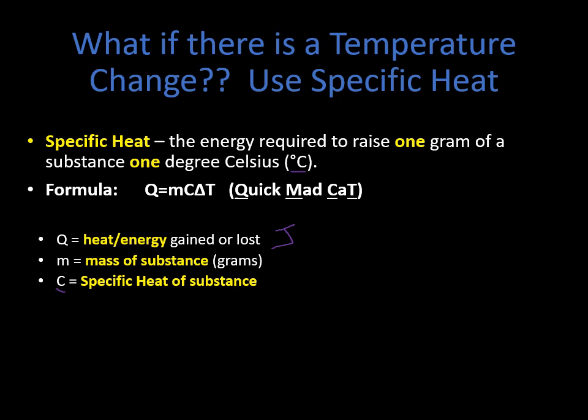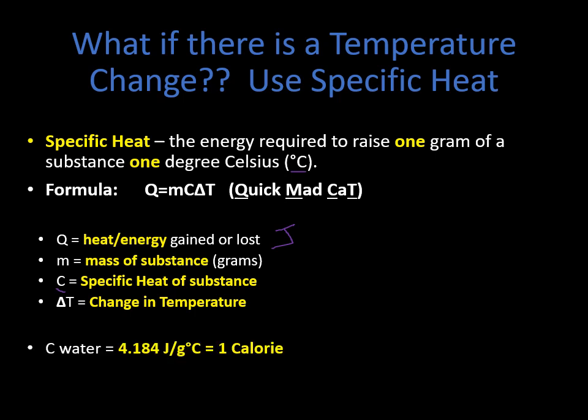Just be careful to keep them separate. And finally, delta T is the change in temperature. You don't have to worry about specific heat being positive or negative overall. It's about a transfer of heat from the system or the surroundings. So as long as you find the difference between the temperatures, it's fine to just keep it as a positive value overall.